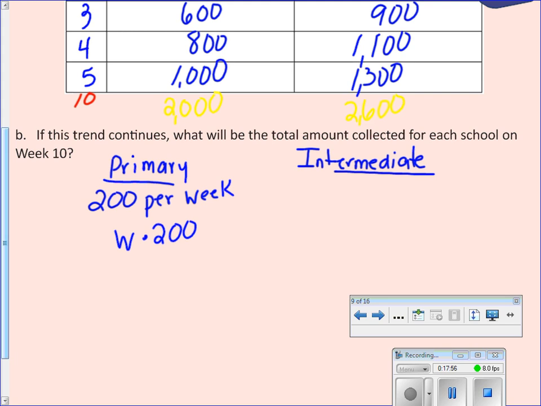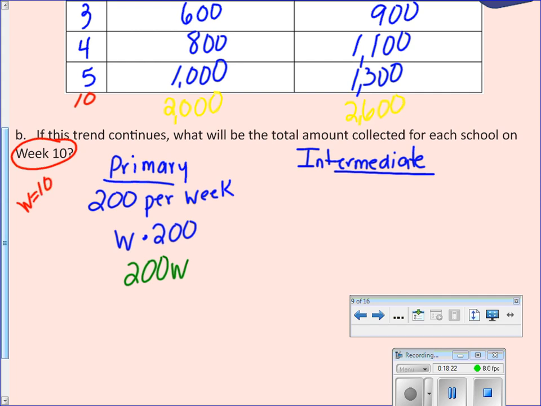So what would the formula be? What's the right way to write that formula? How should we write that? Right. So our formula is going to be 200W. And what do we know? We know that my weeks equals 10.